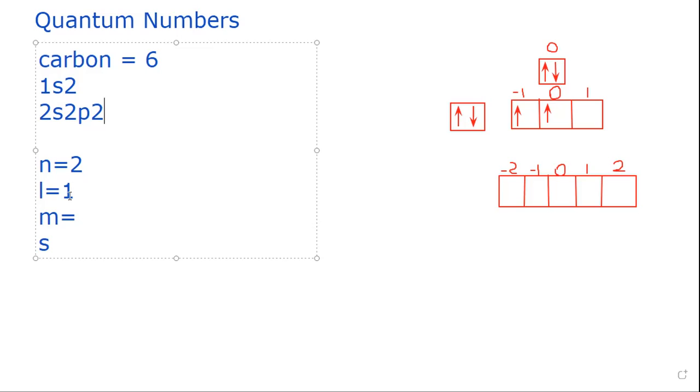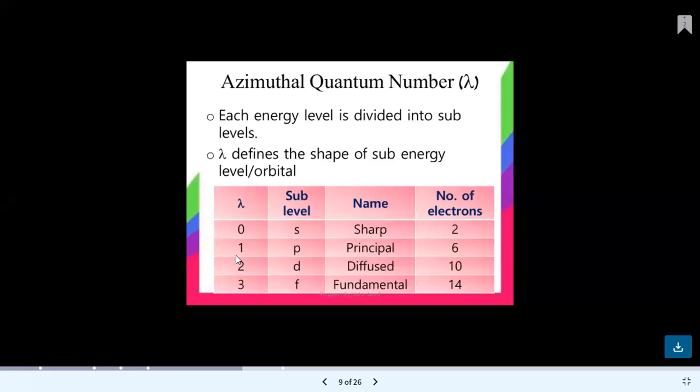L refers to the sublevel. Remember, the sublevels are S, P, D, and F, but we are talking about quantum numbers, so I don't expect you to have a letter here. That's why they assign numbers to these letters: for S is 0, for P is 1, for D is 2, and for F is 3.